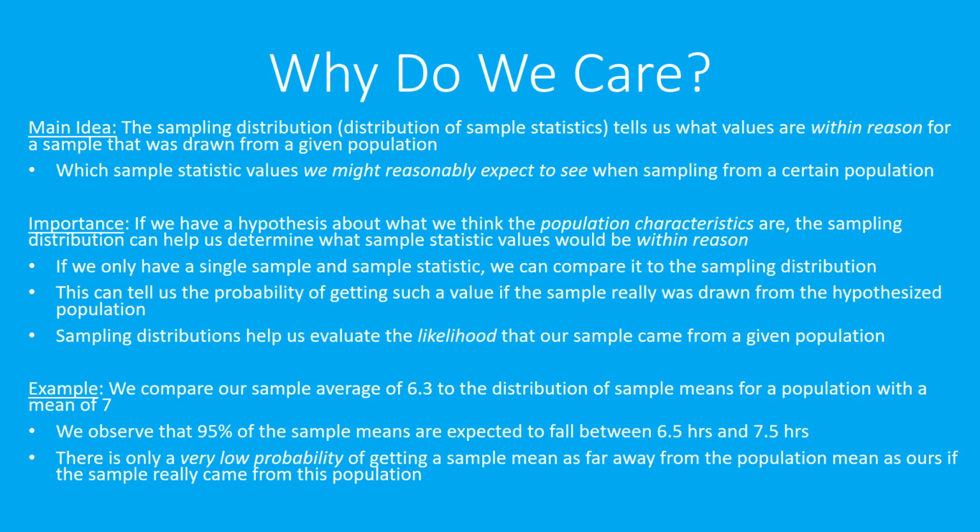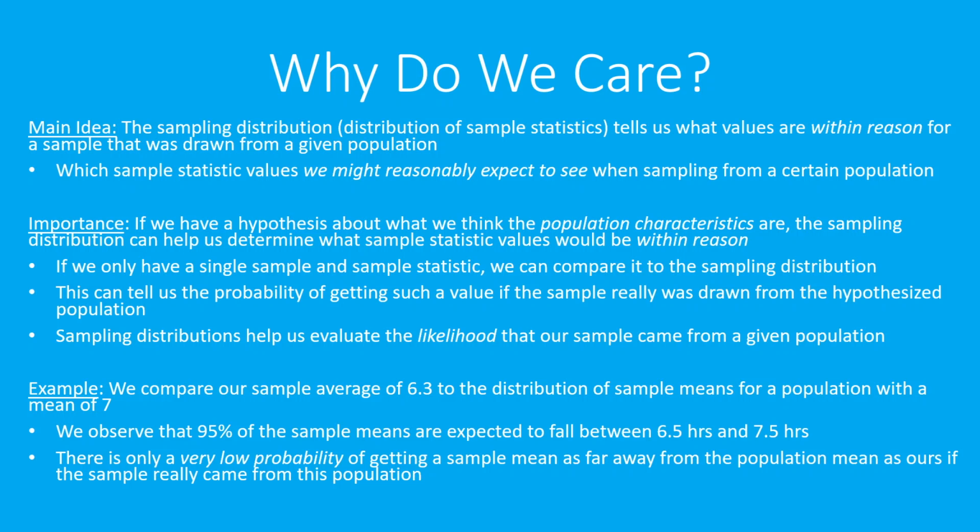And I know that's kind of an awkward phrasing, but again, the idea here is that if we draw a sample and we calculate our single sample statistic, the sampling distribution can tell us basically the likelihood that our sample came from this population, because it tells us the probability of getting the sample statistic value that we really did get if our sample had really come from this population, right?